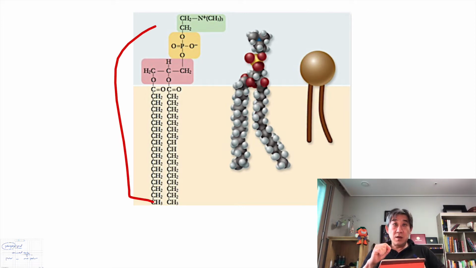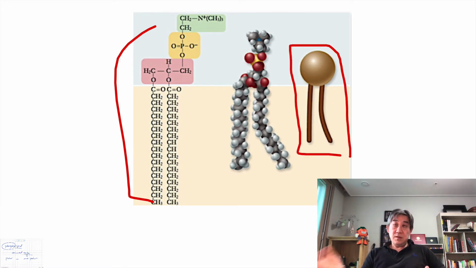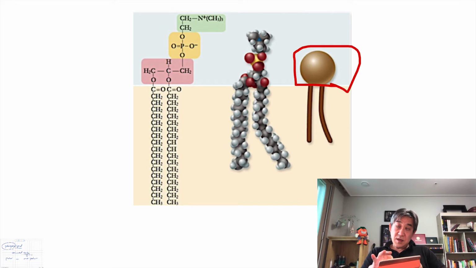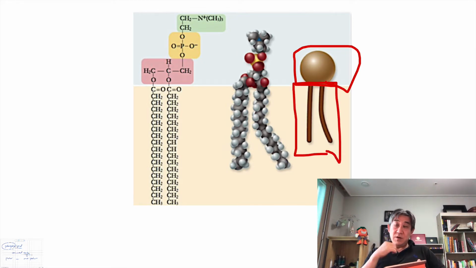an individual phospholipid molecule is usually described like this. The seemingly big head area we call the phosphate head group, the polar head. And this tail area we call the non-polar tail group.